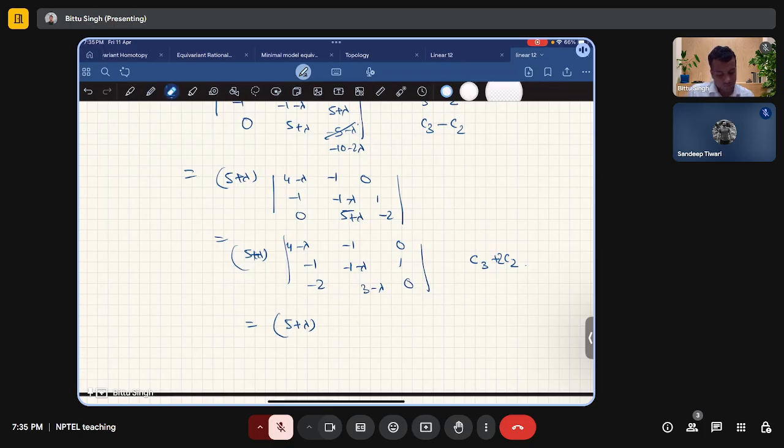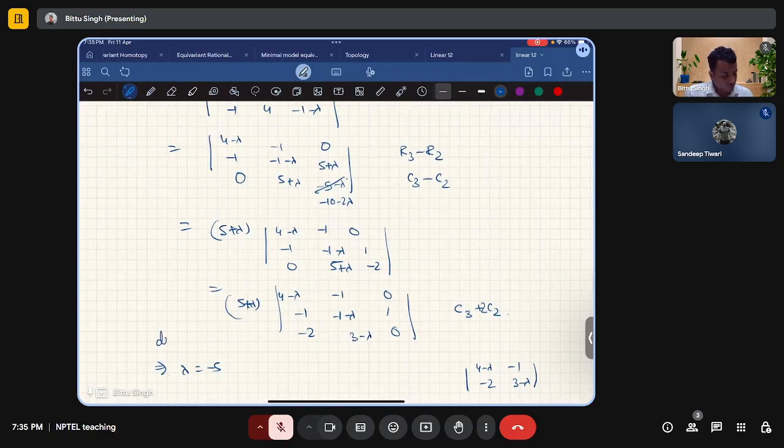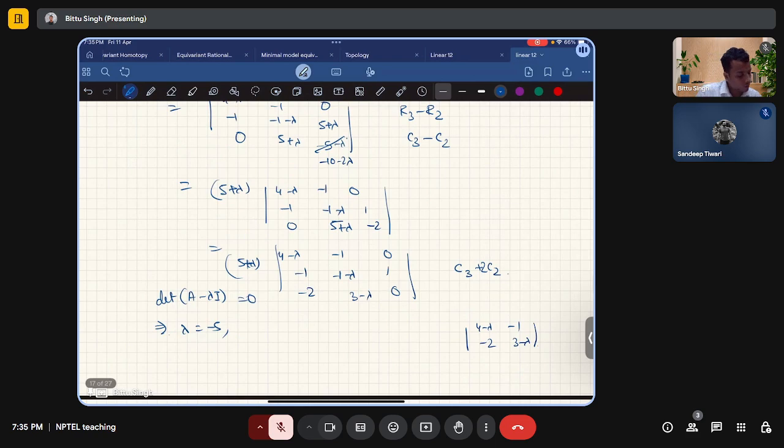So I am checking this determinant, 4 minus lambda, minus 1, minus 2, 3 minus lambda. Okay, so one eigenvalue is lambda equal to minus 5. From here it is clear that equating determinant of A minus lambda I with 0 will give either lambda equal to minus 5 or this thing is 0.